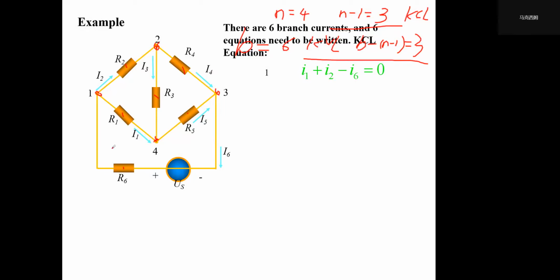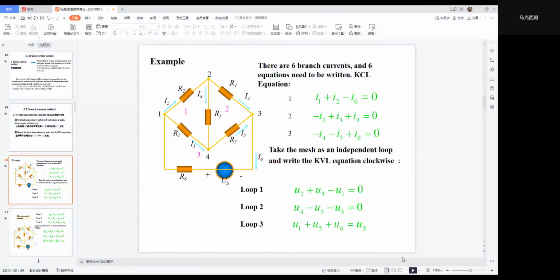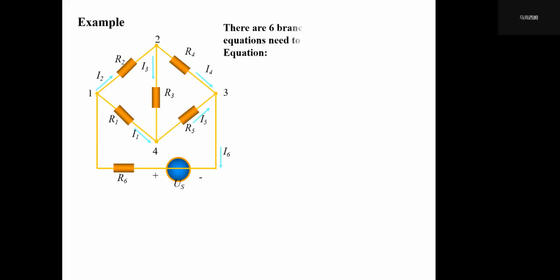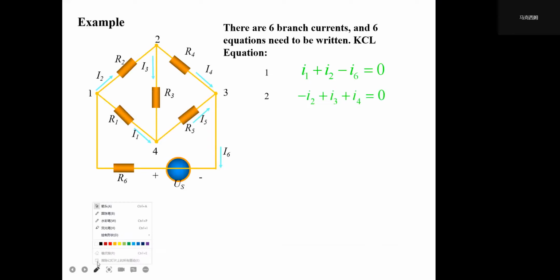We know that I6 goes in and I1 and I2 go out, so we give I6 a negative sign. And for node 2, you see I3, I2, and I4.